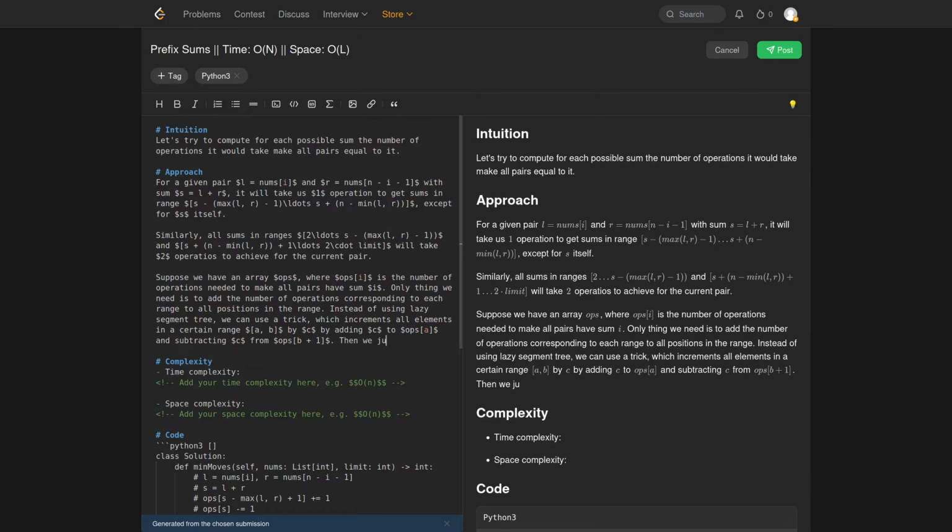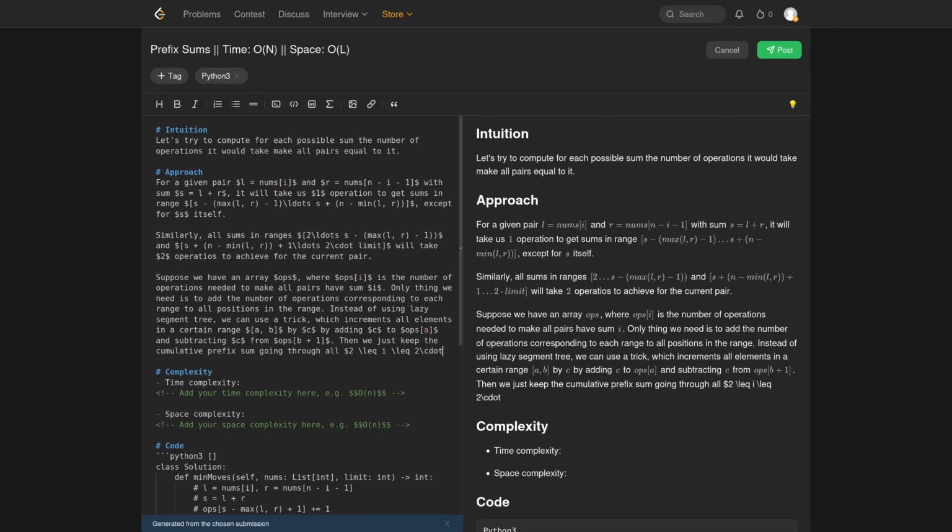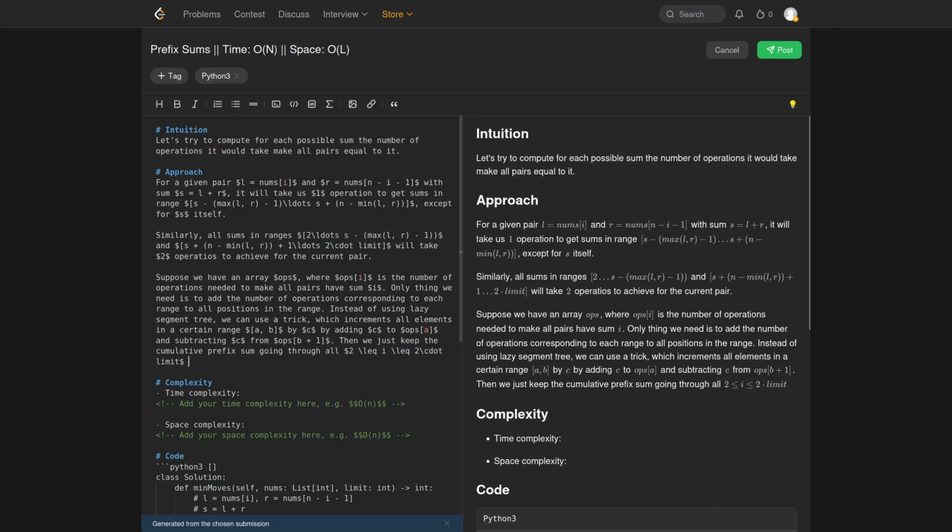Then we just keep the cumulative sum going through all i to 2 times limit.